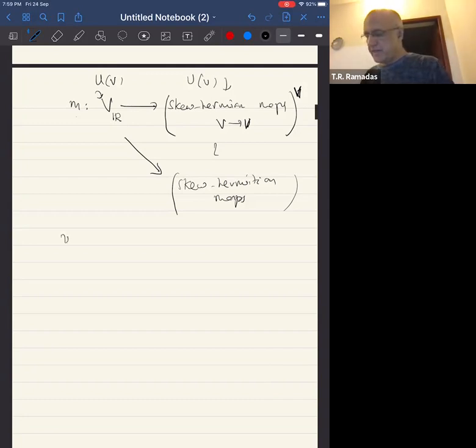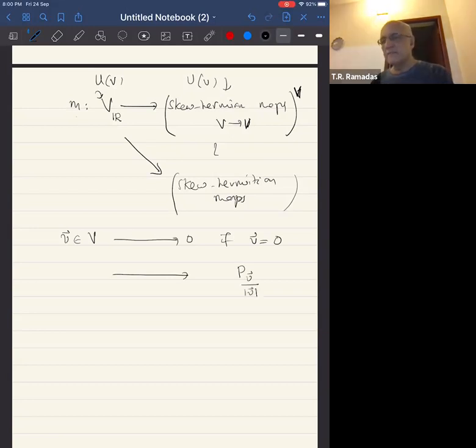You are given a vector V in V, and I will give you a skew Hermitian map of V to V. It goes to 0 if V is 0, and if V is not 0, take the projection onto the one-dimensional subspace spanned by V, multiply by I, and multiply this by the norm squared of V.